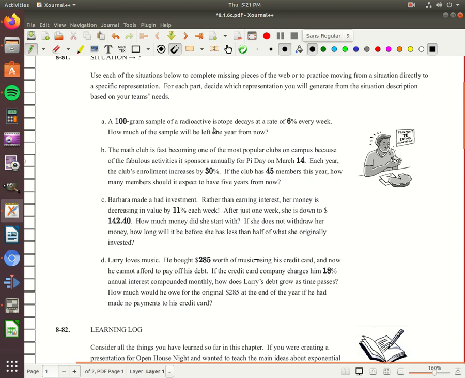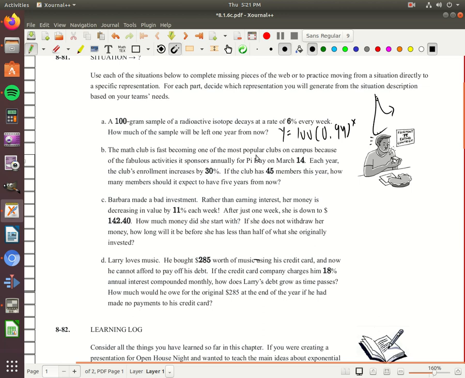So here, a 100 gram sample of radioactive isotope with a decay of 0.94. So I would say y equals 100 times 0.94 to the x. And again, I hope that makes sense. And that would be a decrease. You could definitely make better graphs than that for sure.